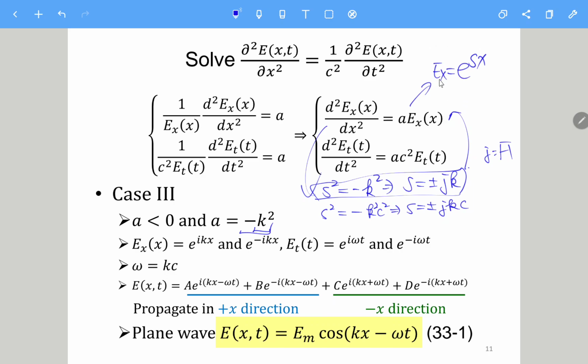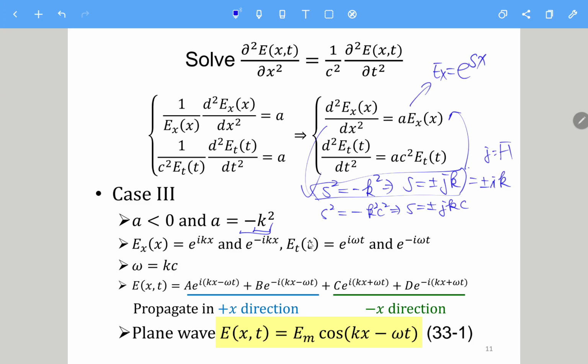So s is plus or minus jk, which means that you can write it as plus or minus ik. Okay, so we have exponential to ikx and exponential to negative ikx.